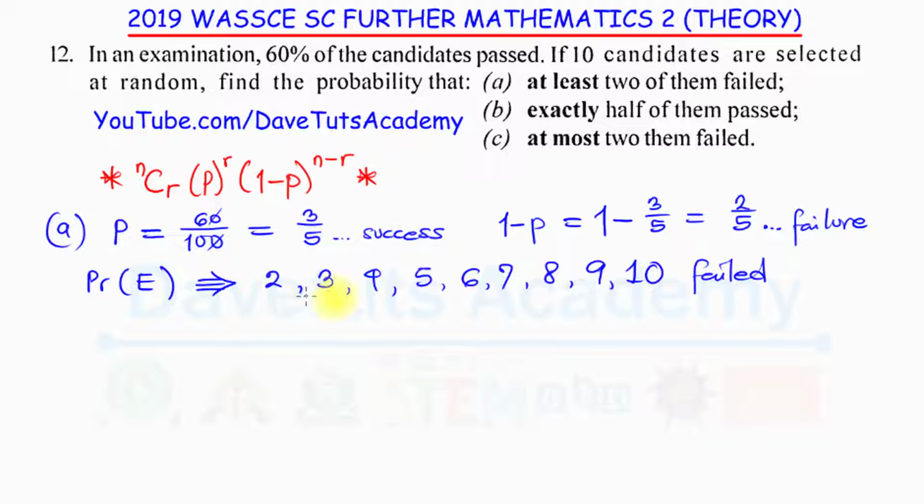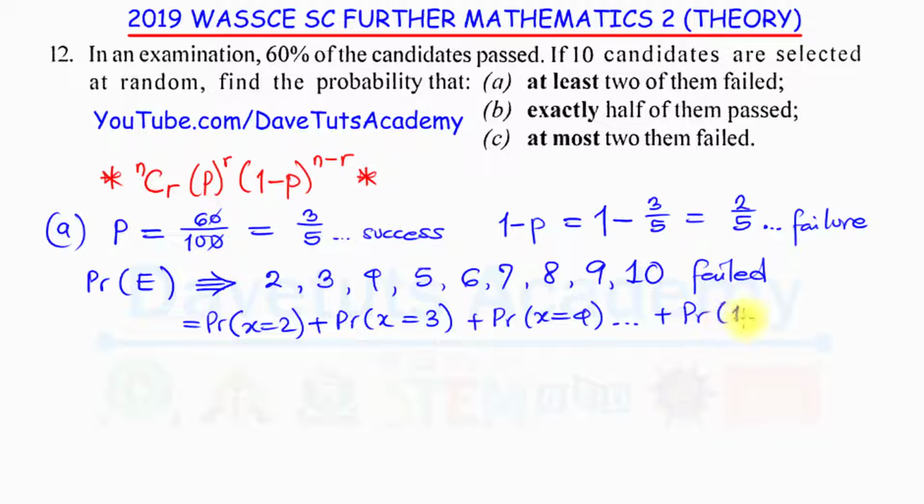That's why we have 2 here up to 10. That would have warranted that we say it is the probability of 2 failing, which is the event x is equal to 2, plus the probability of 3 failing, plus the probability of 4 failing up to the probability of 10 failing.